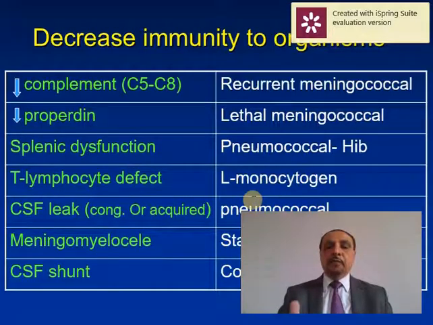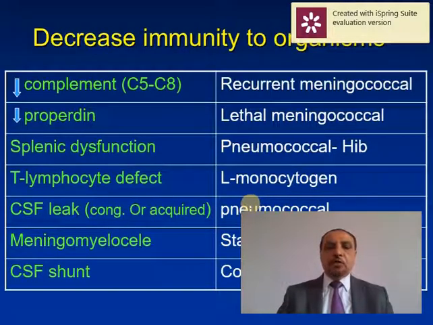That's why if you find any recurrent pneumococcal infection, you have to look for a CSF leak, and examine the rhinorrhea, the fluid coming from the nose, to be sure that it is CSF, not mucus.